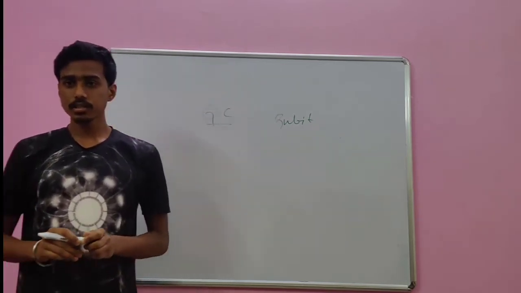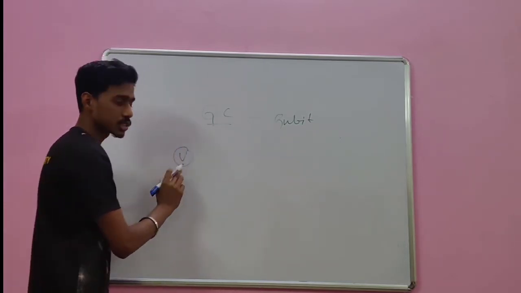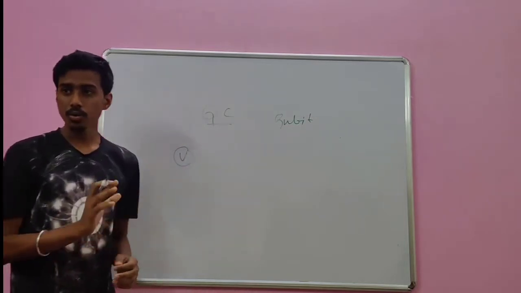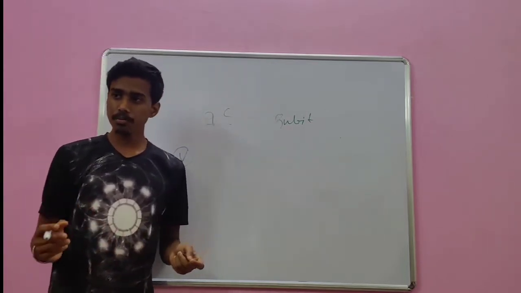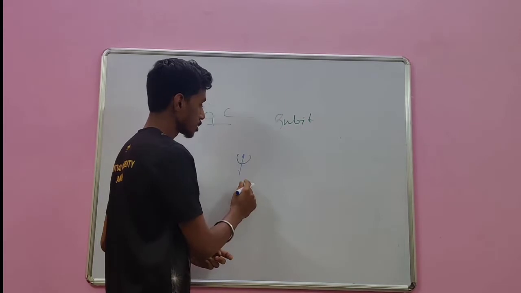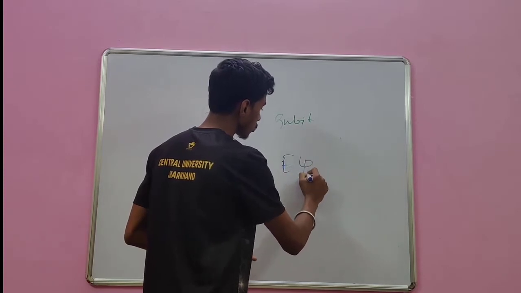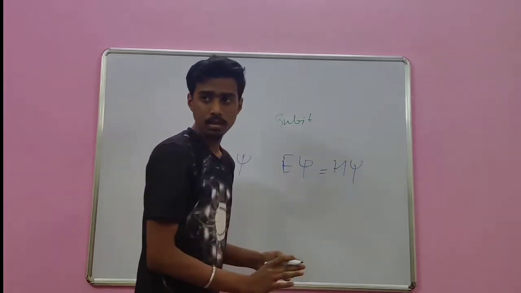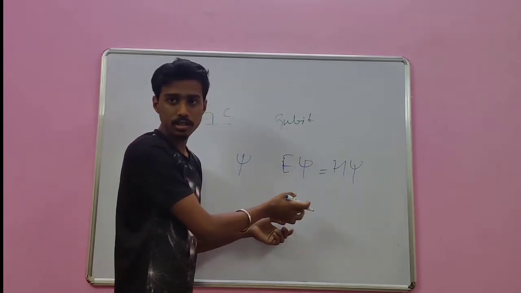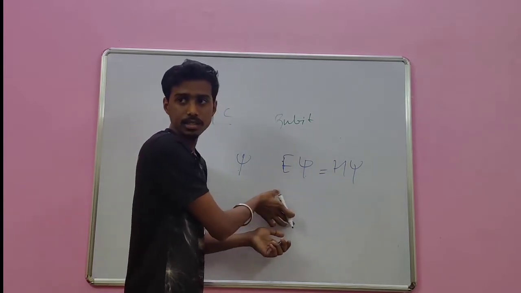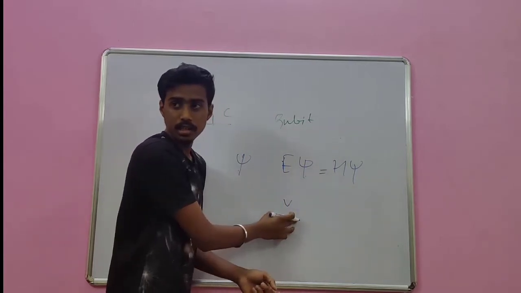From the beginning of the simulation, we know any quantum system has potentials. Let some potential be V. So how do we simulate potential V? On pen and paper we usually use the general Schrodinger equation, E psi equals H psi, which carries the double derivative d square by dx square, and we use V as the potential term.